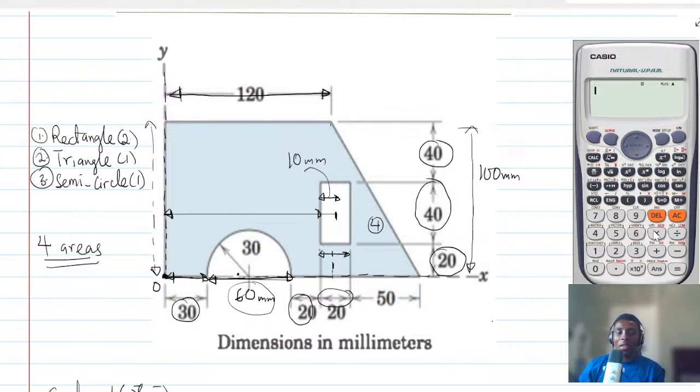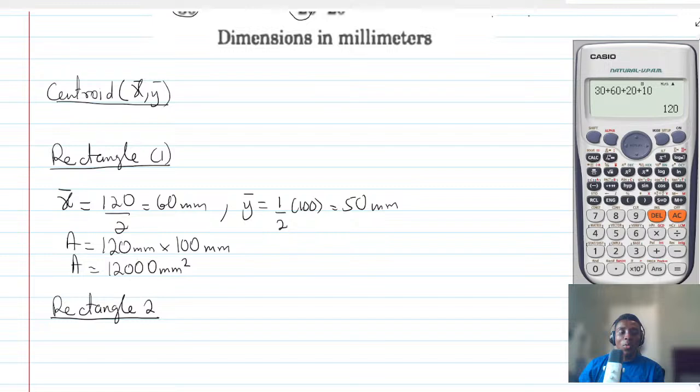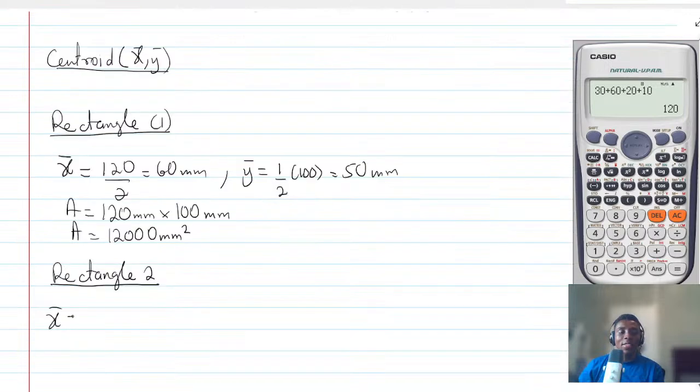So it is actually 120. Those who said 120, you are correct. So for the small rectangle, the x bar is 120 millimeters.